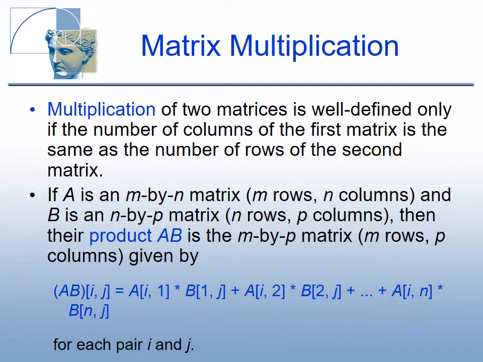Multiplication of two matrices is well defined only if the number of columns of the first matrix is the same as the number of rows of the second matrix. If A is an m by n matrix, m rows and n columns, and B is an n by p matrix, n rows and p columns, then their product AB is obtained as follows.